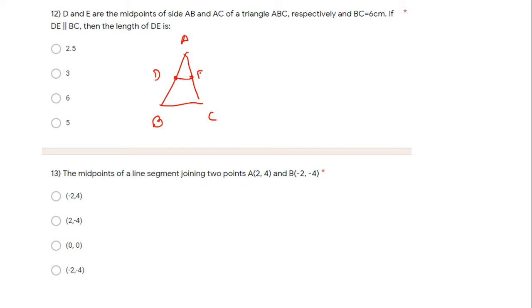This is D and this is E. BC is 6. DE is parallel to BC. The length of DE is obviously 3, but the figure should be formed in your mind.